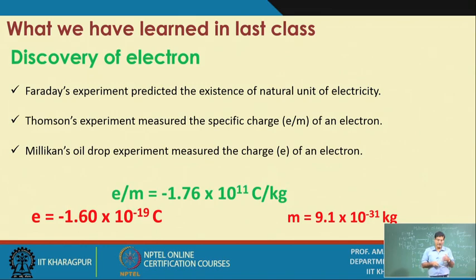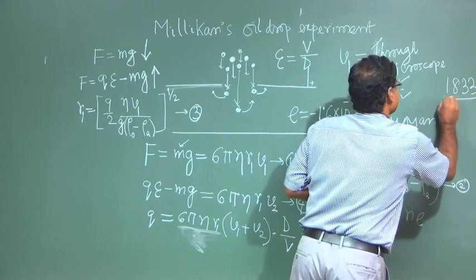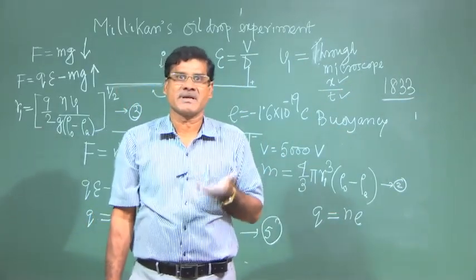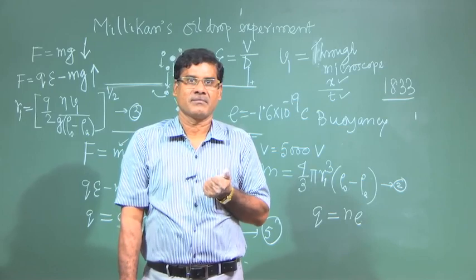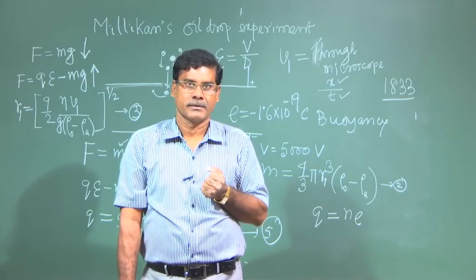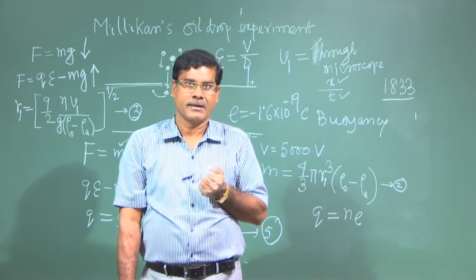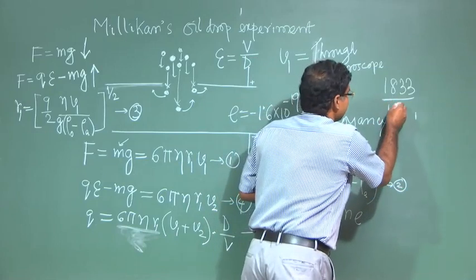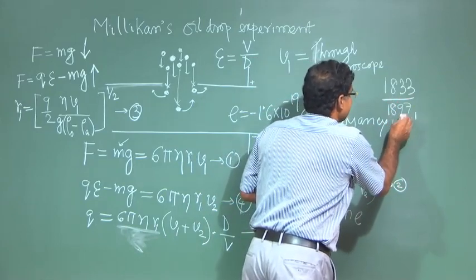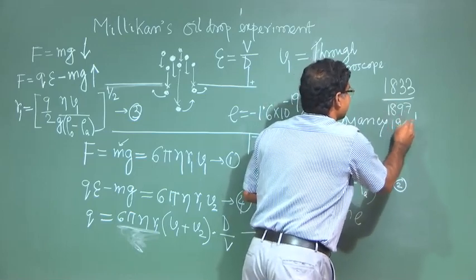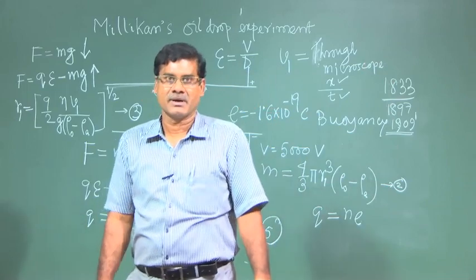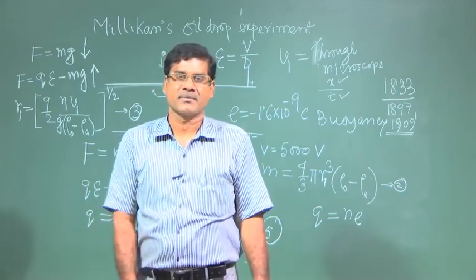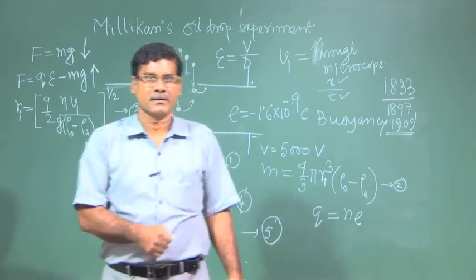You see, the Faraday experiment was in 1833, you remember, and it just mentioned the existence of charge in nature, in matter. And then 1897, and then 1909. So it took almost 80 years to find out the charge of the electron and the mass of the electron.